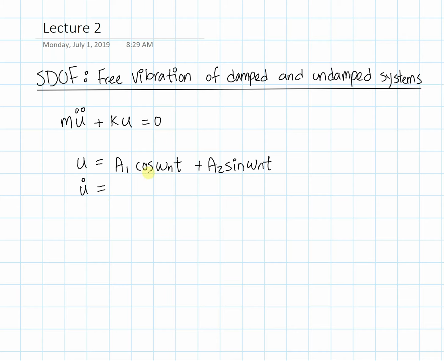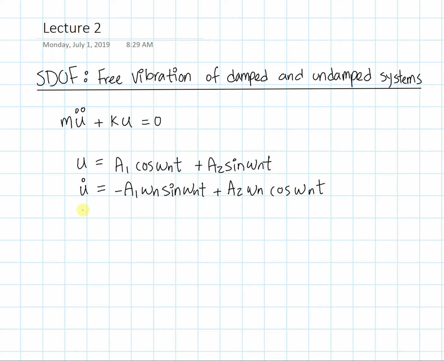Taking derivatives with reference to time gives us the following. We have minus a1 omega n sine omega n t, and the second term gives us a2 omega n cosine omega n t.